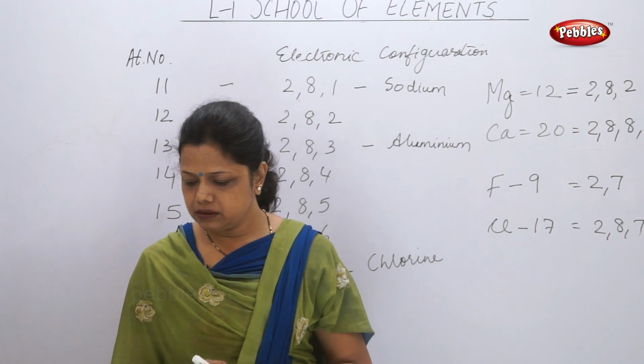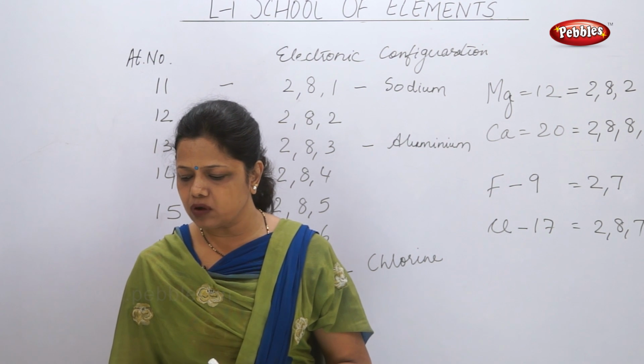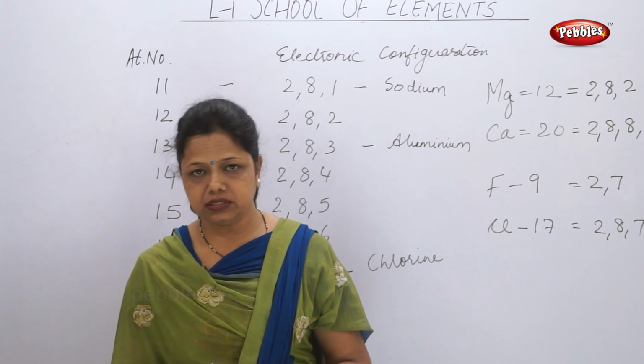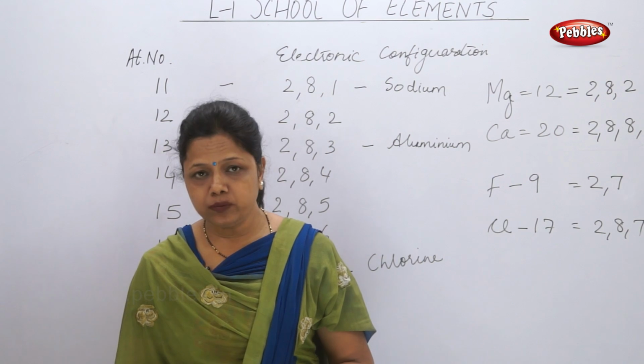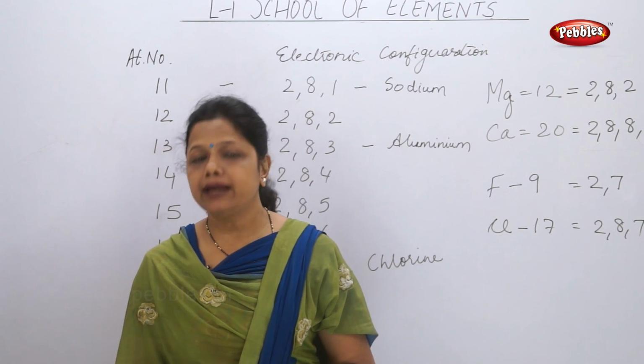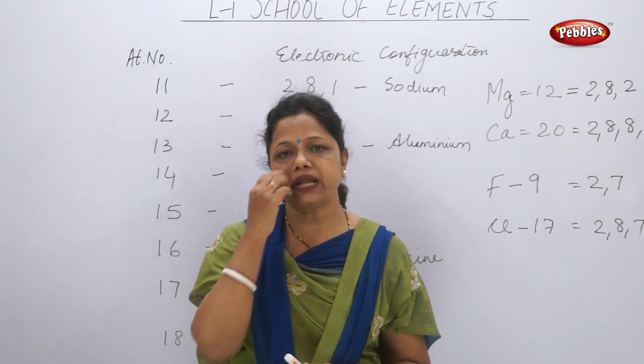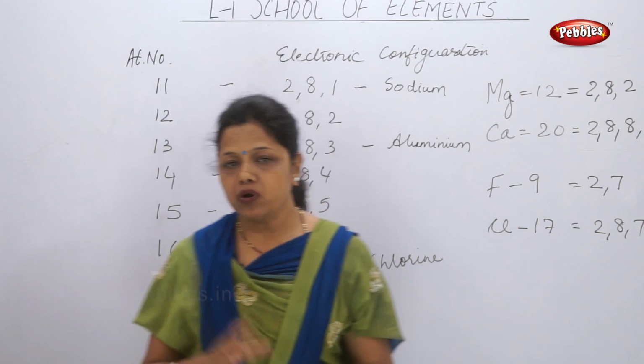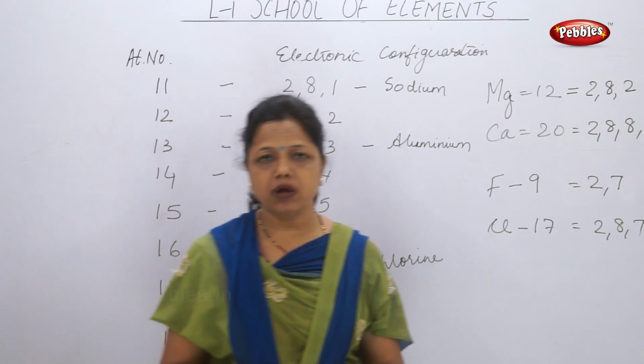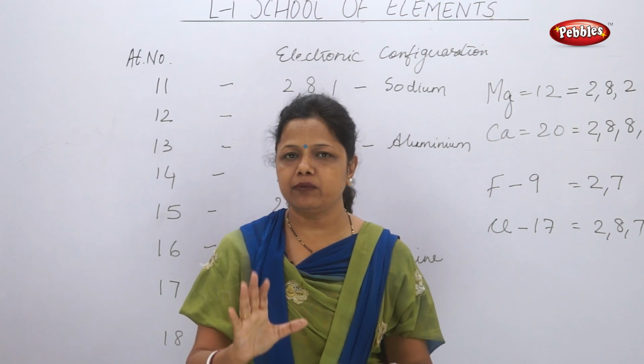Question number 6. Write the electronic configuration of boron, oxygen, sodium, aluminium, sulfur and potassium. I am going to give you some time to think. Boron, what is the atomic number of boron? 5. Now I am going to do this orally.